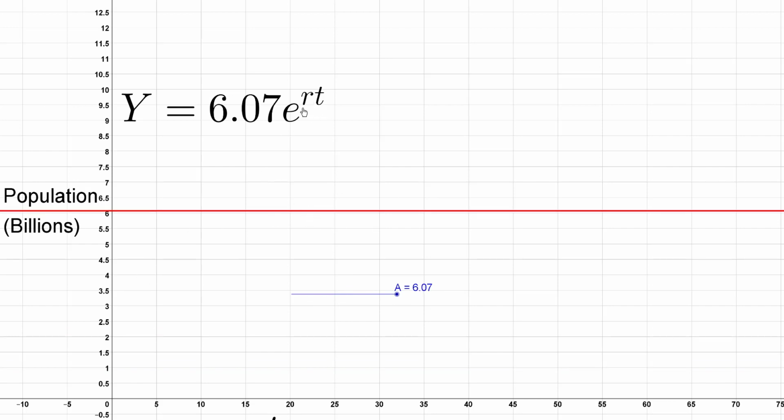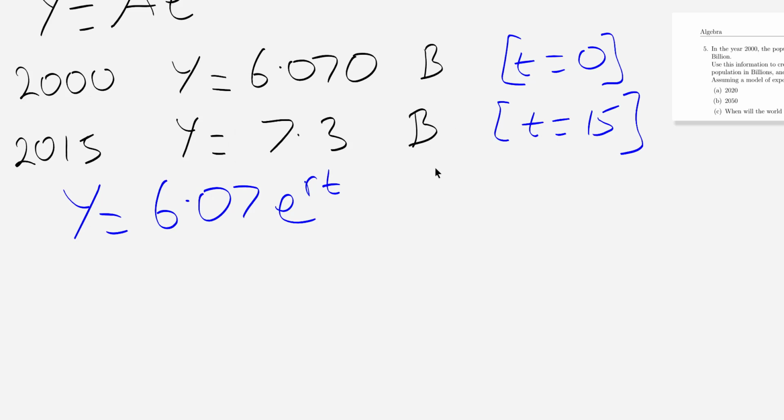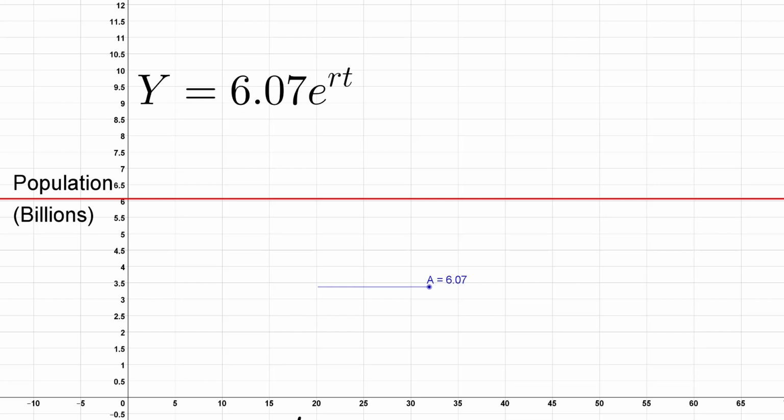But we don't know what the growth rate is. We still have to figure out what the growth rate is. And remember, we have this information that when t is 15, the population will be 7.3 billion. So we're going to use this to help us figure out the growth rate. When t is 15, we know that the population is 7.3.